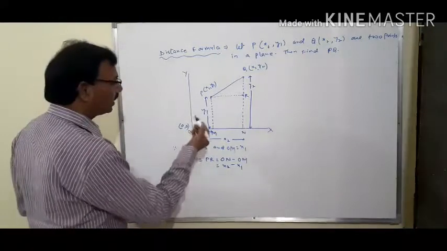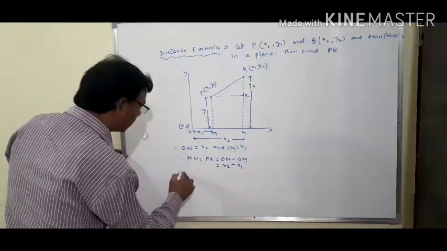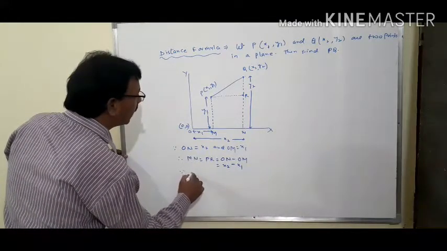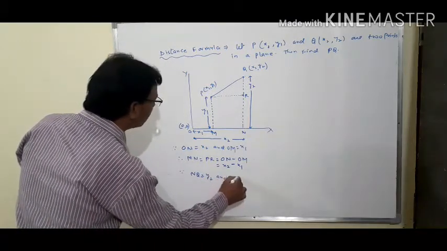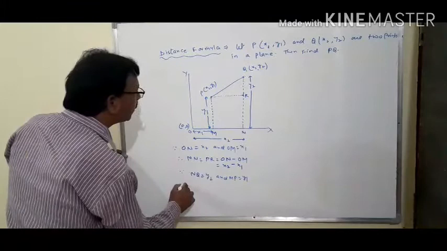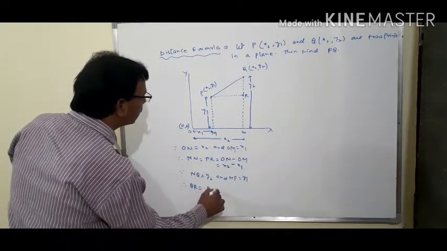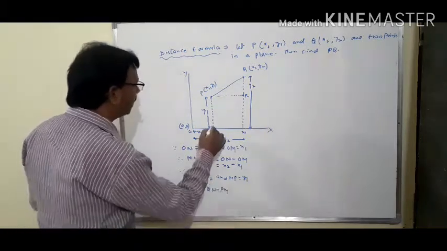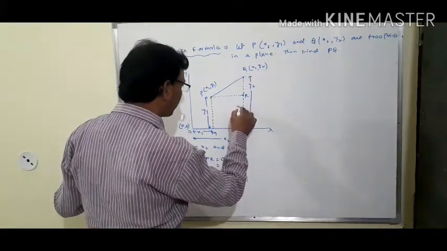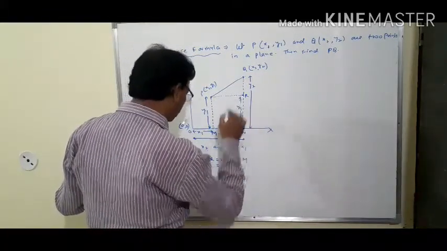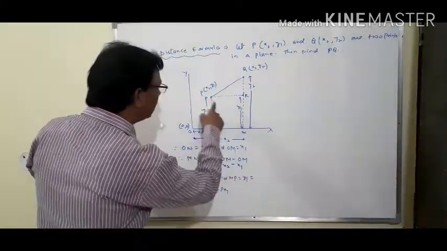Now we can find RQ. Since NQ equals y2 and MP equals y1, therefore QR equals NQ minus PM, because if PM equals y1, then NR is also y1, since MP equals NR.